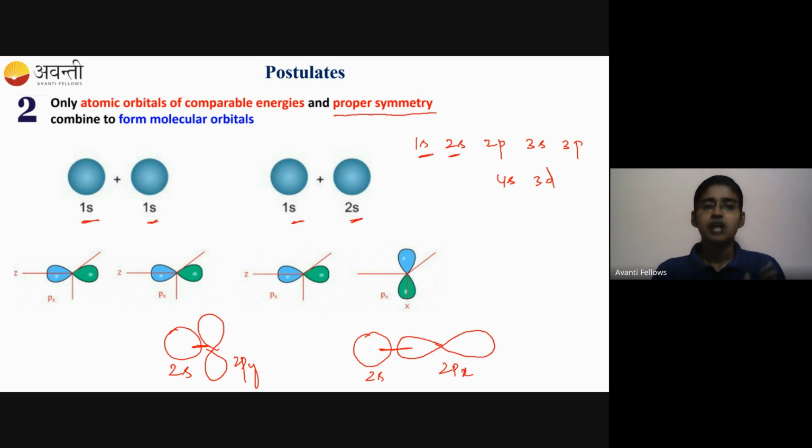So atomic orbitals of comparable energy and proper symmetry combine to form the molecular orbital. Clear for all? Any doubt for anyone from the two postulates? Shall we move on to the third postulate?